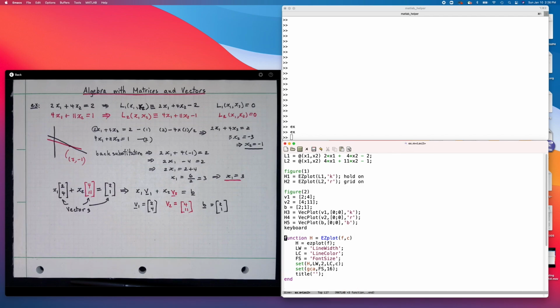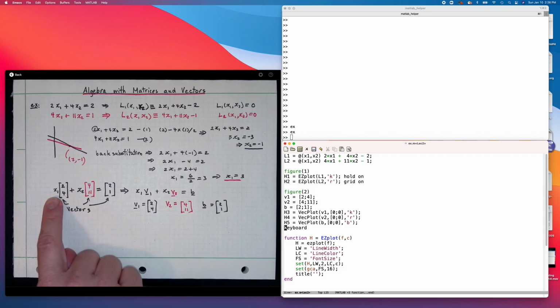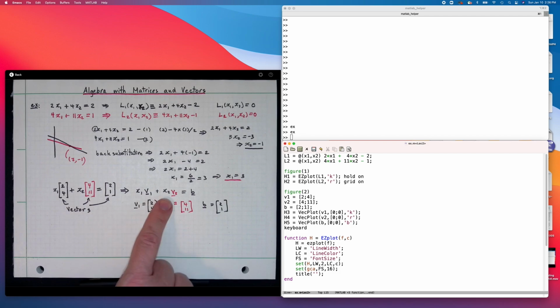Now, if the idea of vector addition is right, what we would like to have is that 3 times v1 minus v2 produces blue, so produces the b vector. So let's see if that works. H6, and I put the keyboard in between so we can have a bit of suspense. I will plot 3 times v1, sorry, not b, v1, and I'm going to plot it at the tip of the first vector.